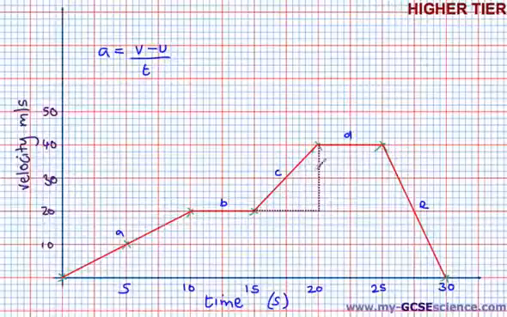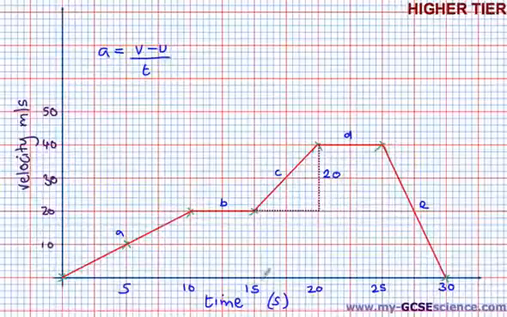So what we do is, for the section we're interested in, so section C, we can draw a triangle like this, and then all you have to do is divide the vertical distance here over the horizontal distance here. In this case we're going from 20 to 40, so the difference there is 20.